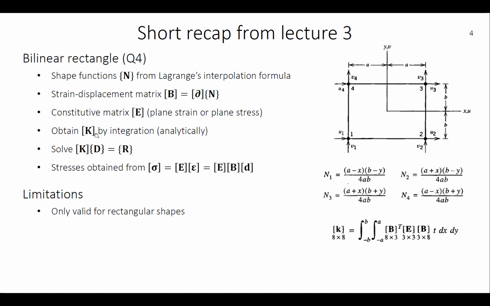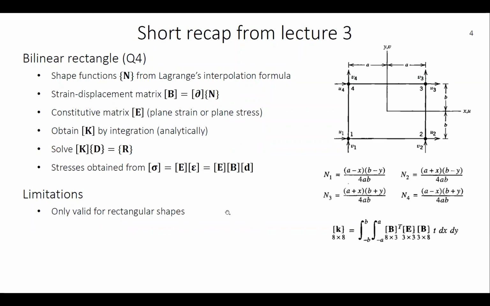When we have this K matrix, as usual throughout any given finite element analysis, we solve the system equation K times D equals the forces, solve it with respect to the displacement field usually.